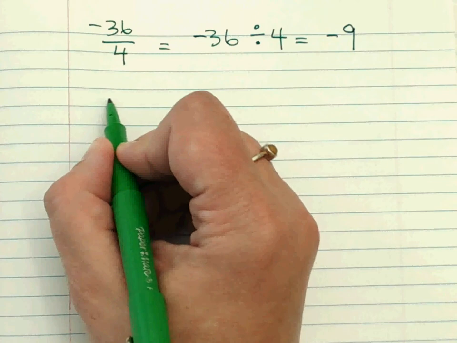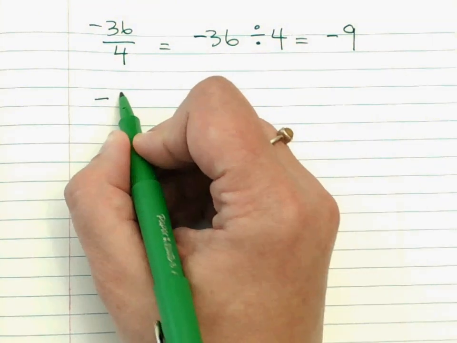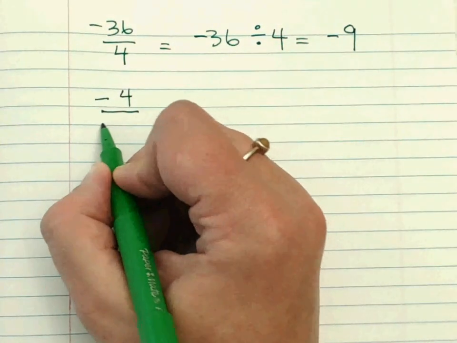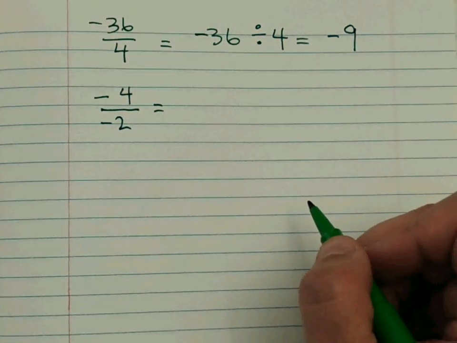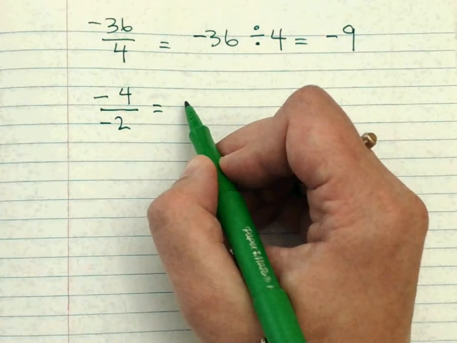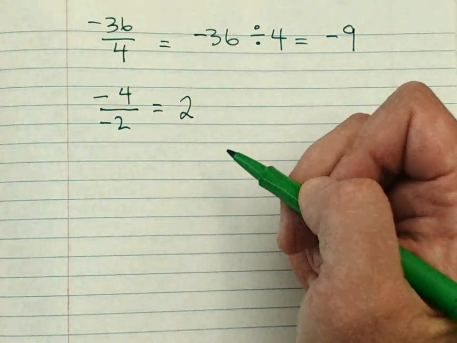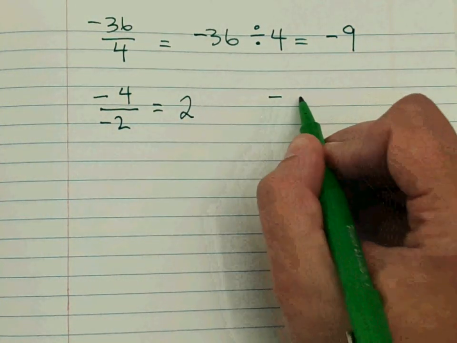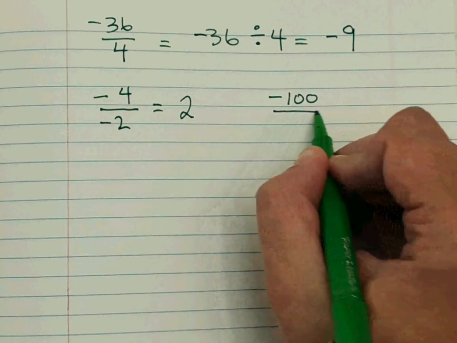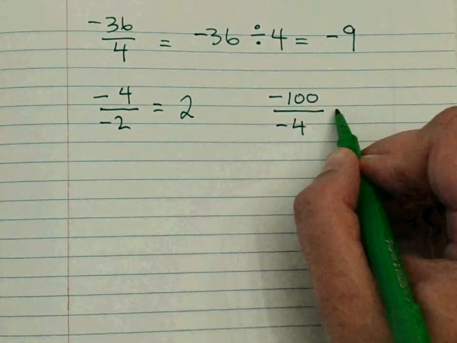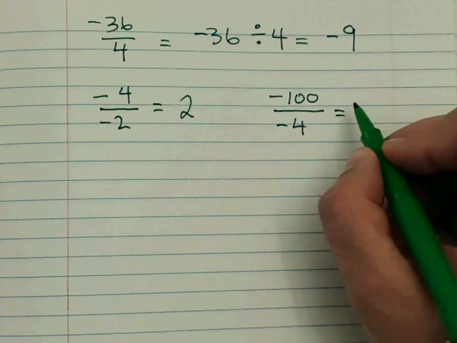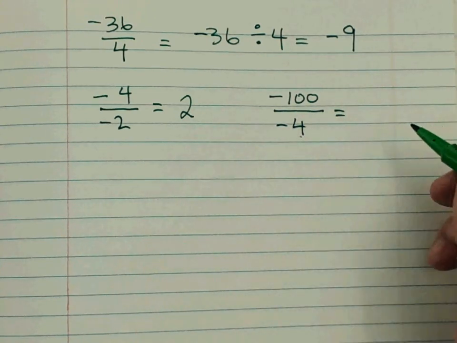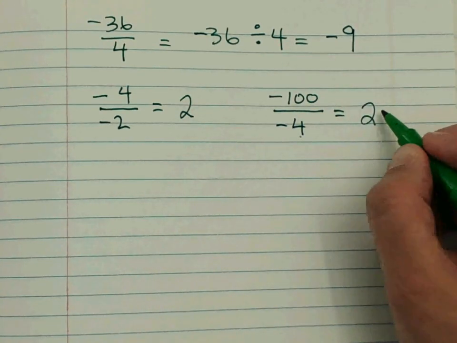What if I had a negative 4 divided by a negative 2? A negative divided by a negative is going to be a positive 2. What about negative 100 divided by negative 4? So negative divided by negative is going to be a positive 25.